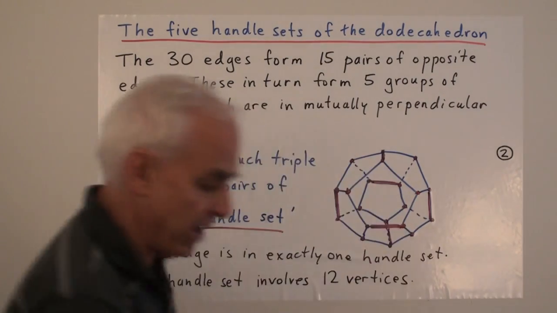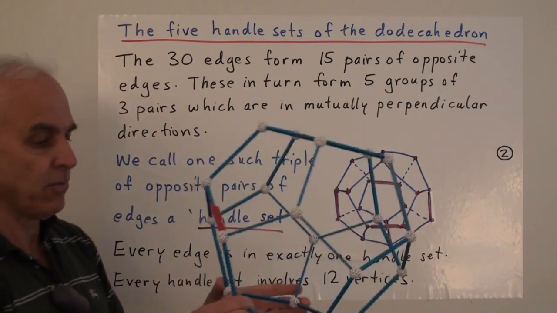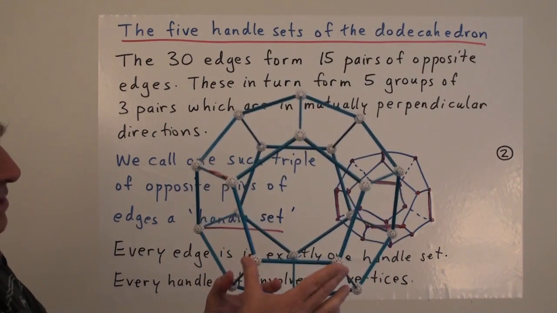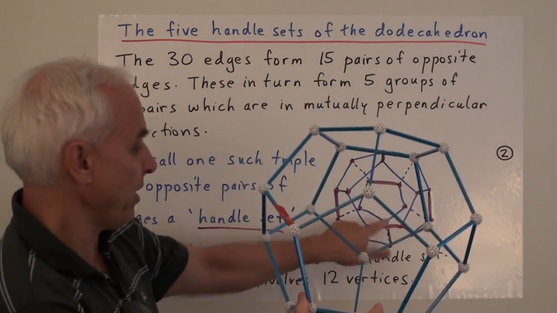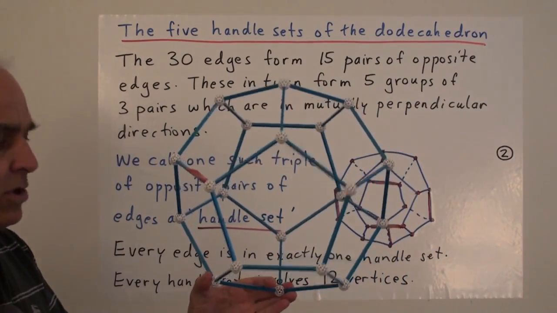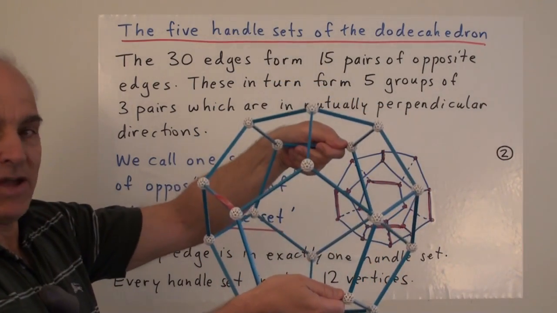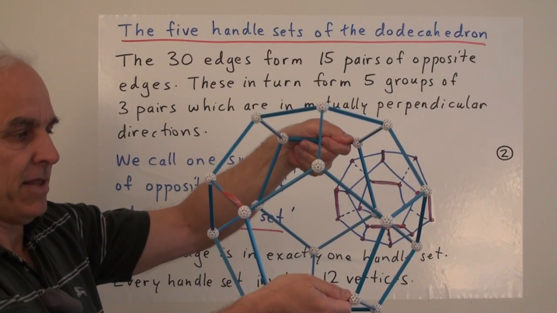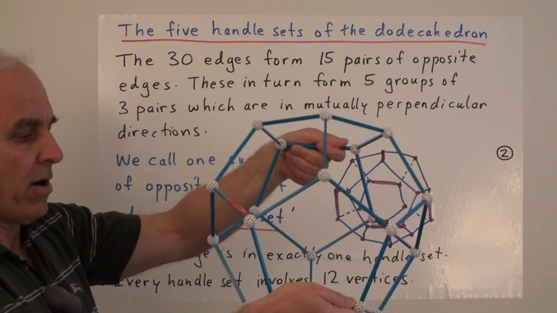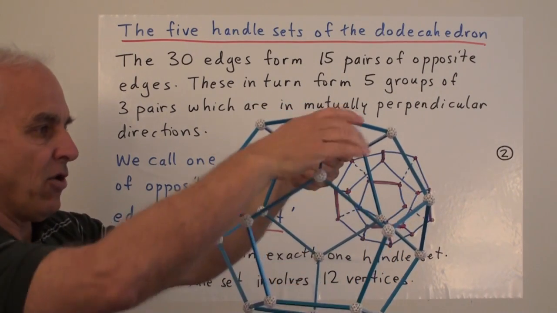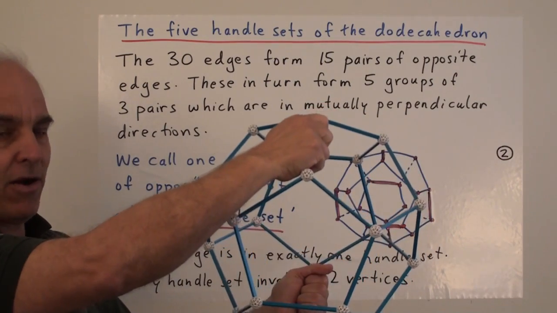I can show it to you better, I think, perhaps with this thing here. So we'll put this thing here so that this edge down here is supposed to be this one here. Okay, so what are we talking about here? We're talking about this pair of edges as like a handle. Now, associated to that handle is also this pair.